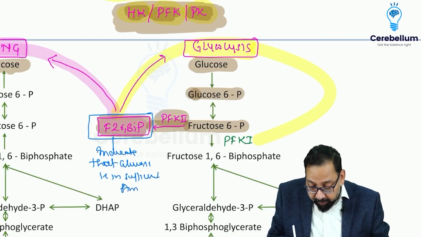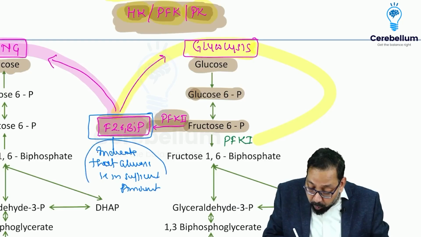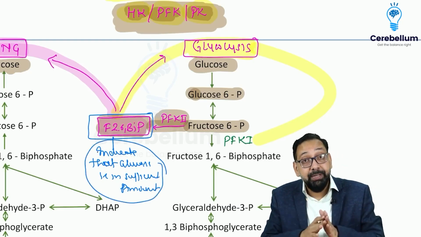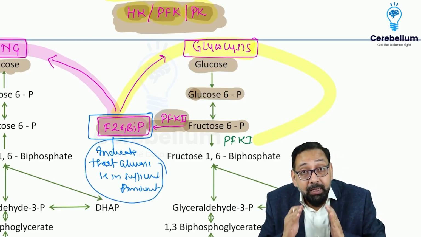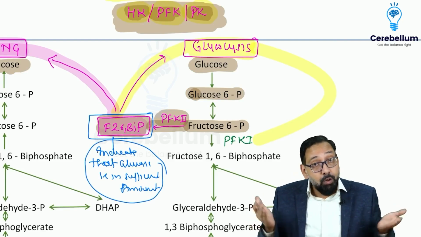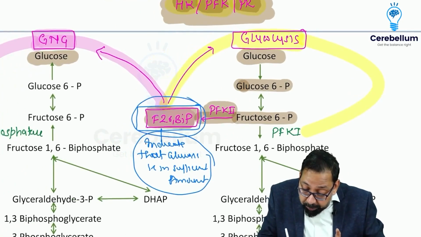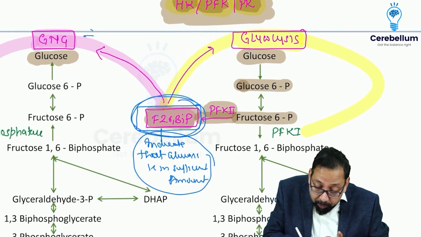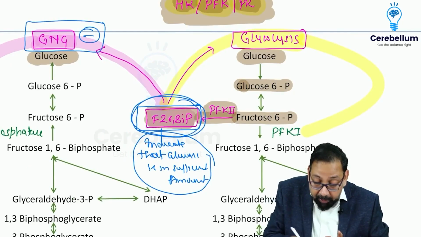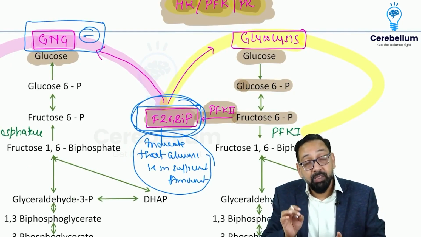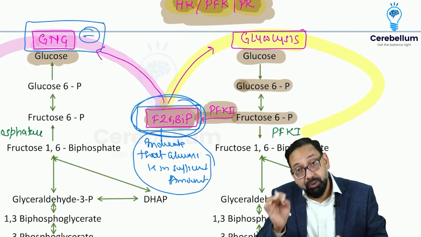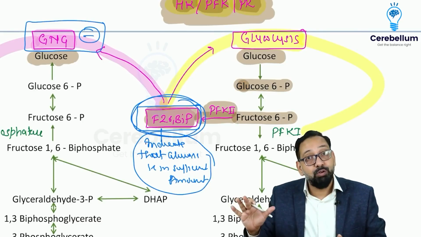So if glucose is present in sufficient amount, is there any need of gluconeogenesis? No. So nature decided that this fructose 2,6-bisphosphate will inhibit gluconeogenesis. Why? Because fructose 2,6-bisphosphate indicates glucose is in sufficient amount, no need of gluconeogenesis.